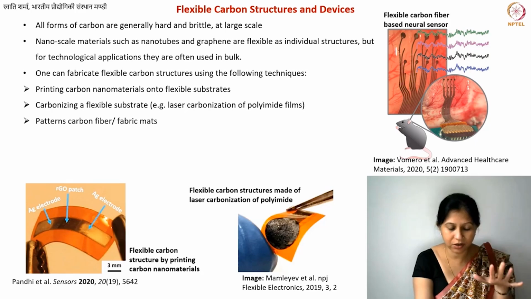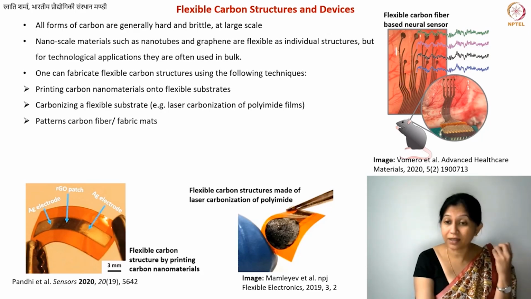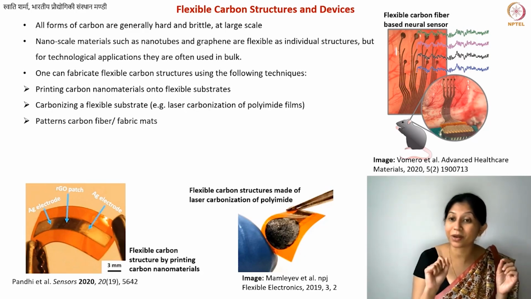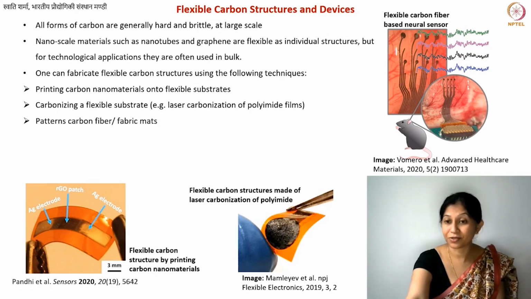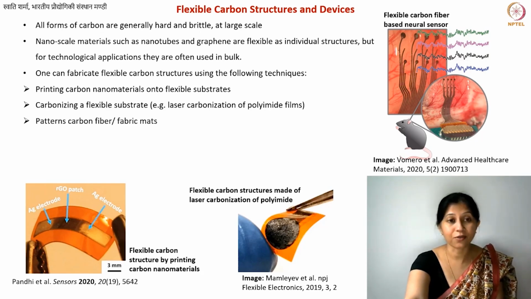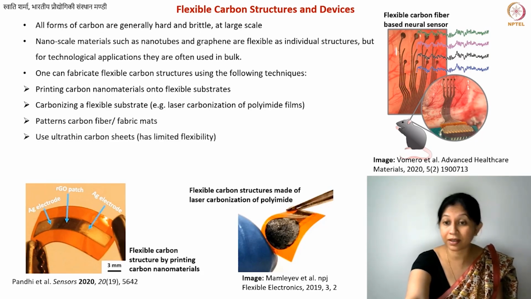You may have to mask your structures with certain metal masks even, and then perform reactive ion etching and so on. But it is possible. So here is one example where you take this carbon cloth-like structure and pattern it at the micro scale, and then make this very highly flexible device out of it. This is a neural sensor made using this kind of carbon fabric. So this is another technique.